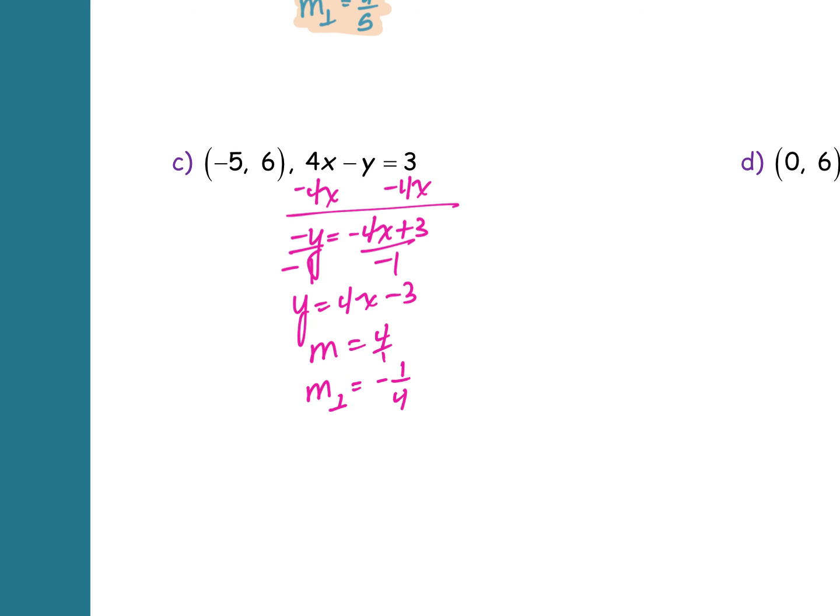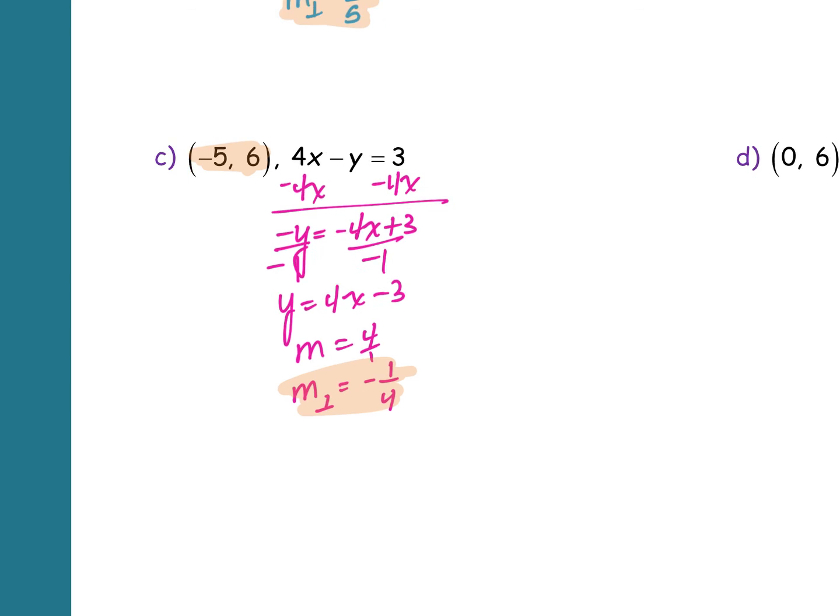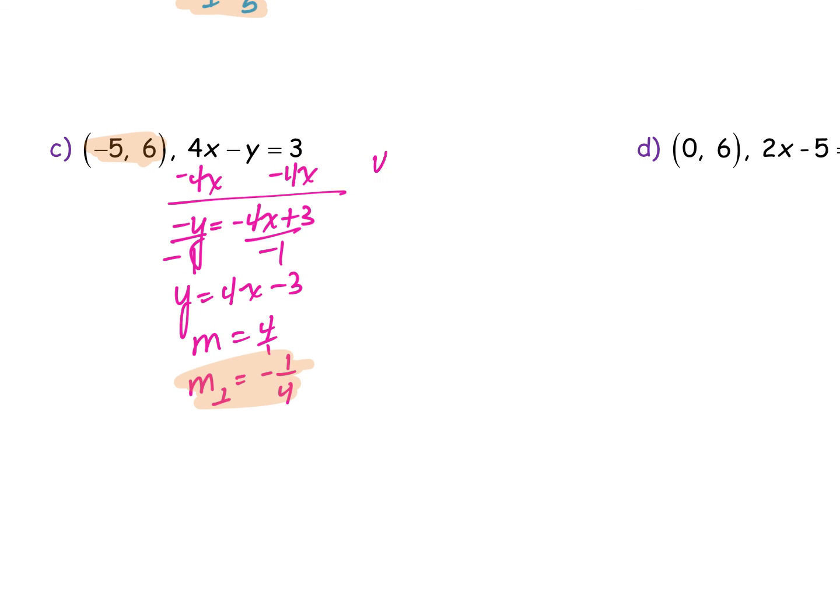So I'm going to use this and that. So y minus 6 equals negative 1/4 times x plus 5. Y minus 6 equals negative 1/4 x minus 5/4.